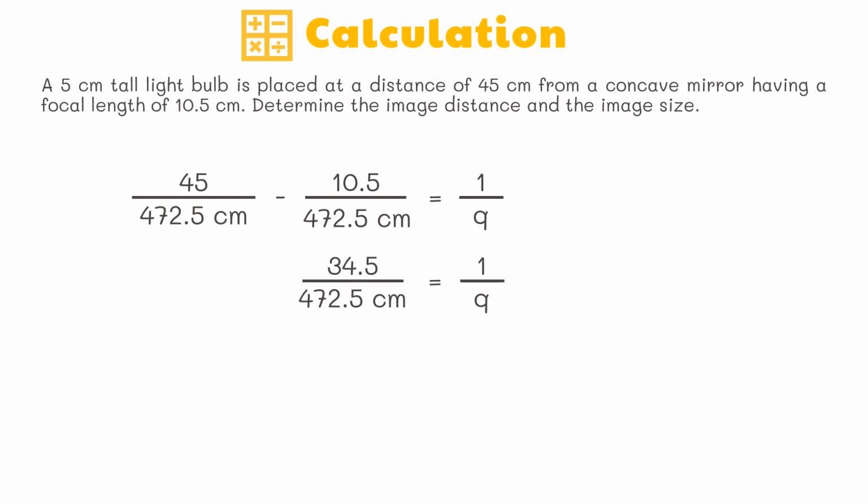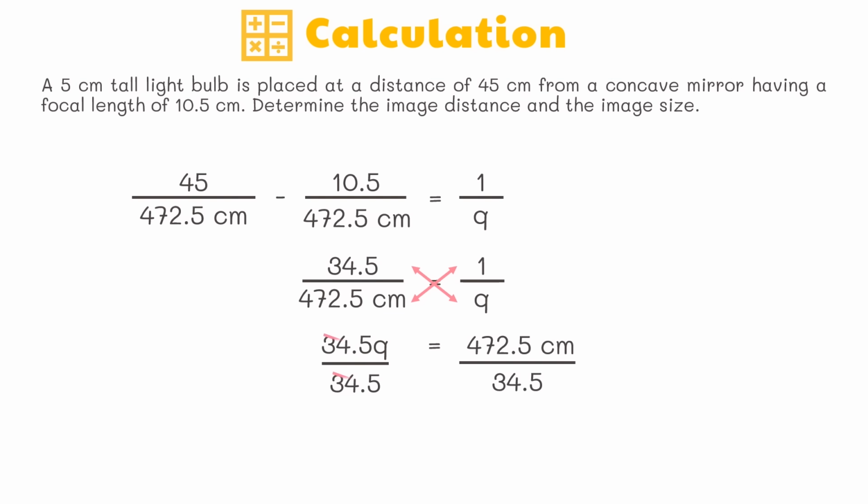Next, we cross-multiply both sides of the equation to make this equation into a whole number, not a fraction. Now we have the equation 34.5Q equals 472.5 centimeters. Lastly, to get the Q, or distance of the image from the mirror, we divide both sides by 34.5.